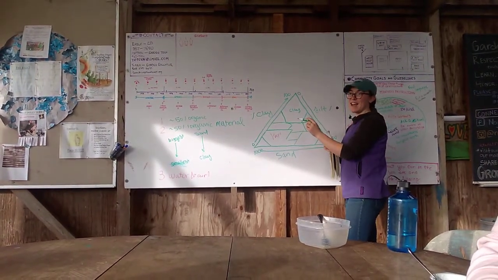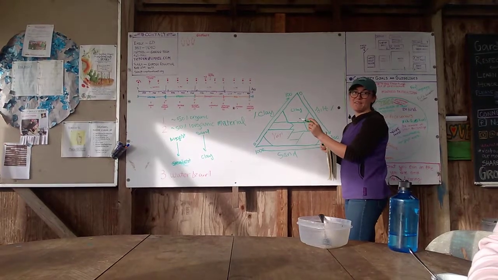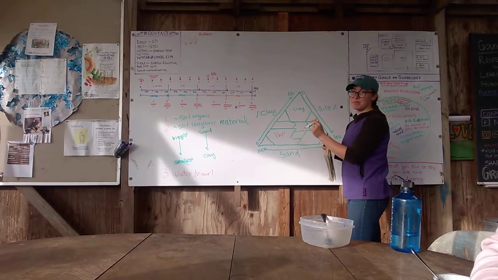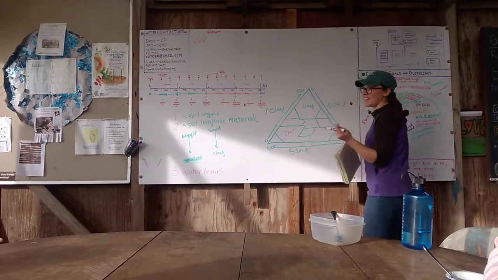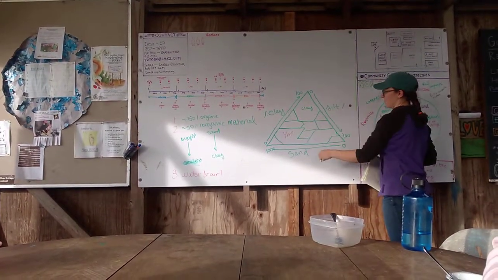As you can see, the scientists who came up with this pyramid had very imaginative names for all of these different types of soil. They just use different combinations of these 3 words.